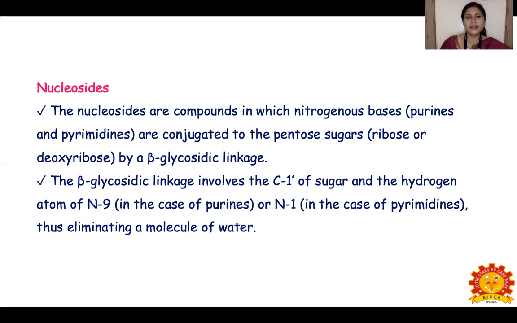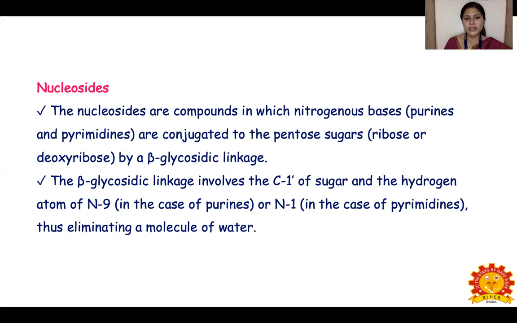Nucleosides are compounds in which nitrogenous bases, that means either pyrimidines or purines, are conjugated to a pentose sugar, which may be ribose or deoxyribose, by a beta glycosidic linkage. When the pentose sugar and nitrogenous base attach, the bonding between them is a glycosidic linkage.